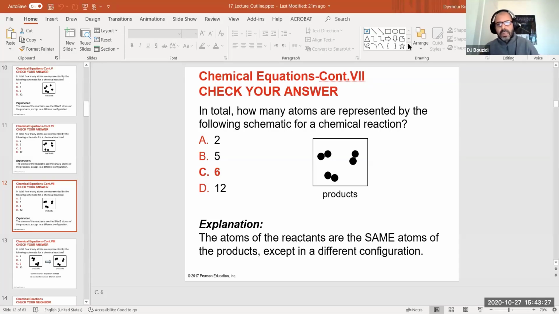So again, based on the request of Sarah, what is the basic premise or the basic principle of chemical equations?